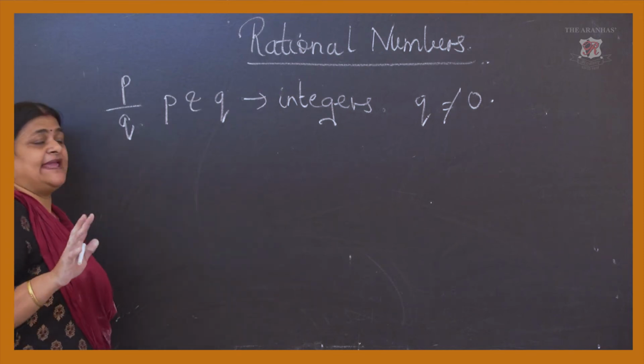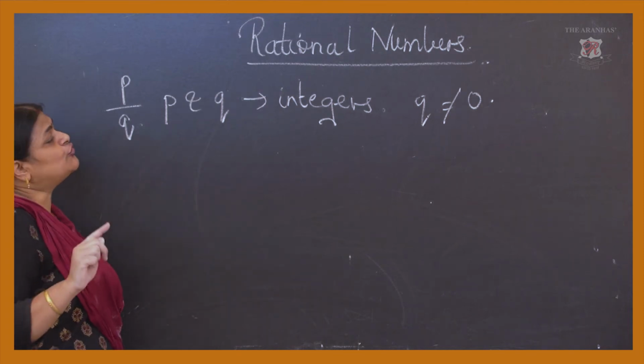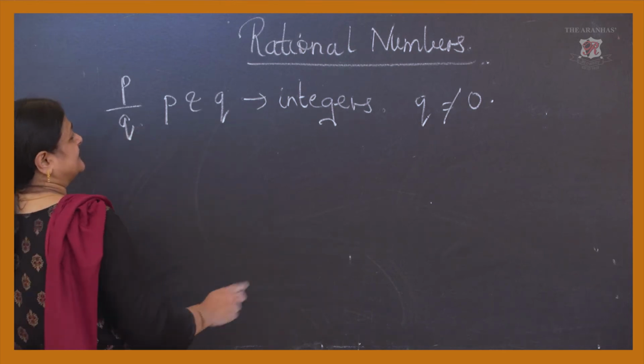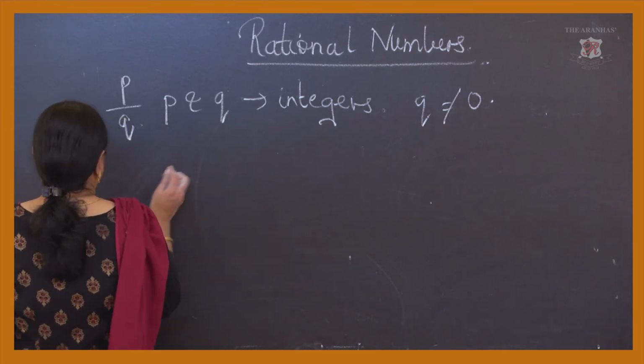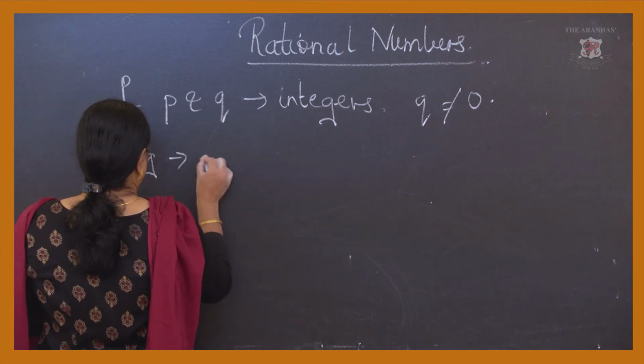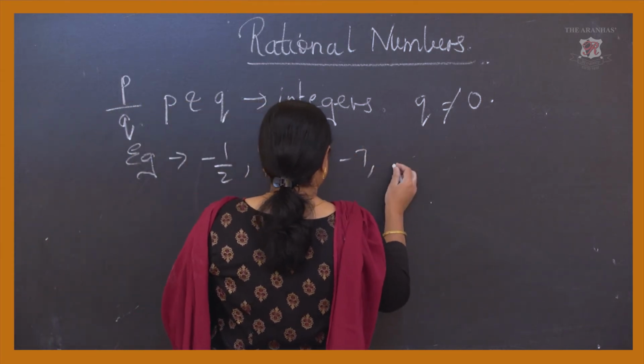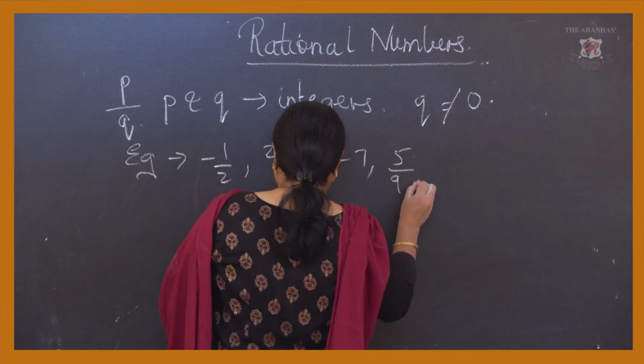For example, I can take minus 1 upon 2, 2, 0, minus 7 and 5 upon 9.